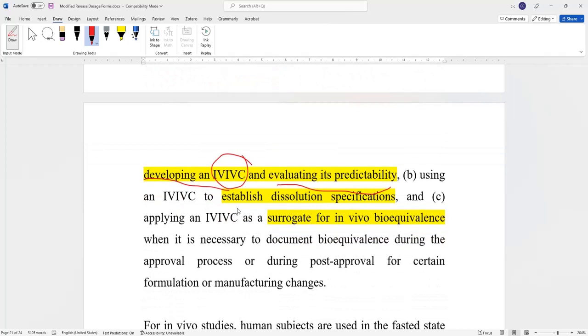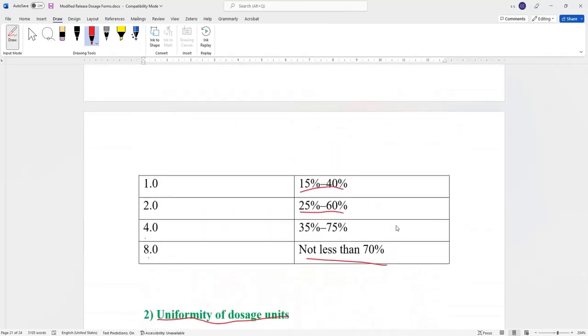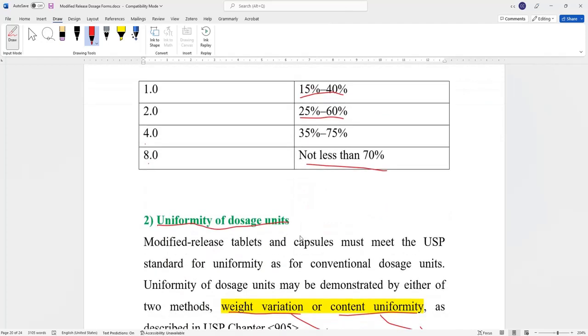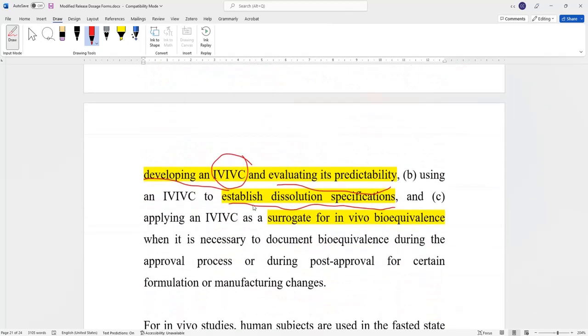It also provides guidance to establish the dissolution specification, the one I talked about in aspirin. So in the pharmacopoeia they will write these things depending on the IVIVC, to then establish the dissolution specification.